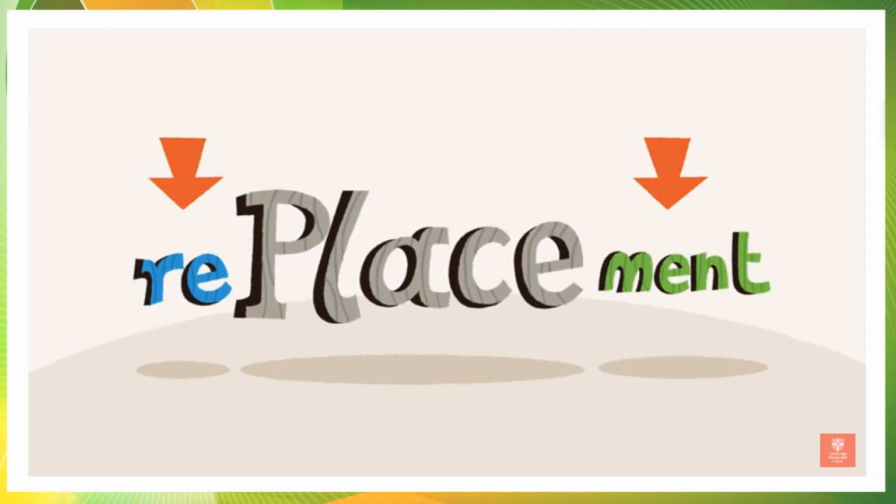To change someone, you have replaced someone. Replacement. Okay, so in this way sometimes you can add only prefix, sometimes only suffix, sometimes you can add prefix and suffix at the same time and you get a totally new word. So this is the fun of playing with the language in English.